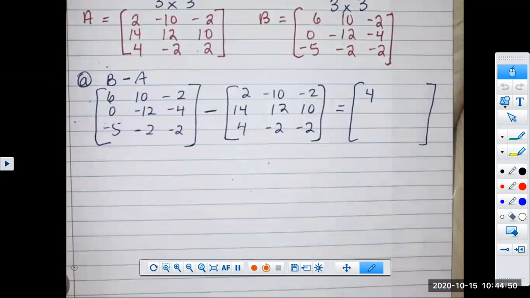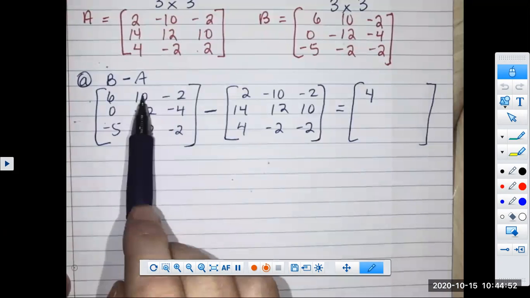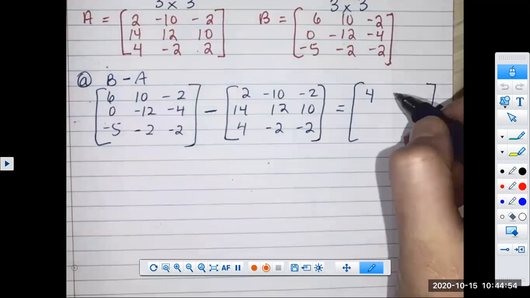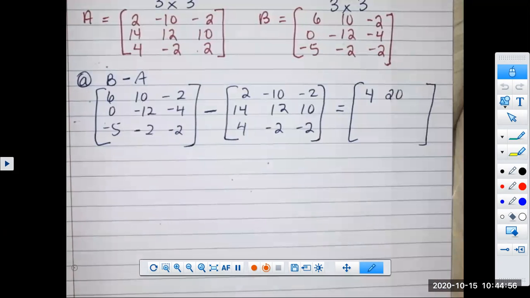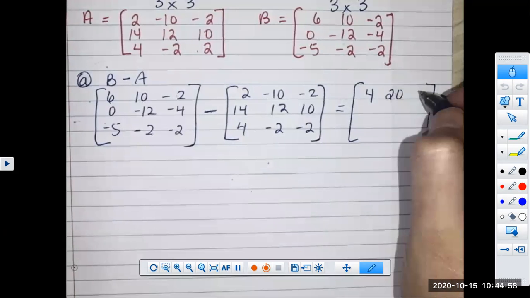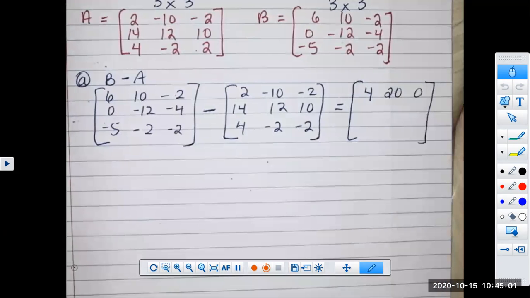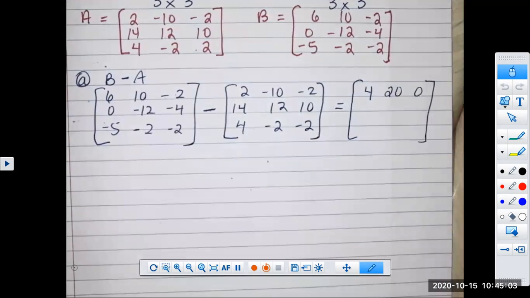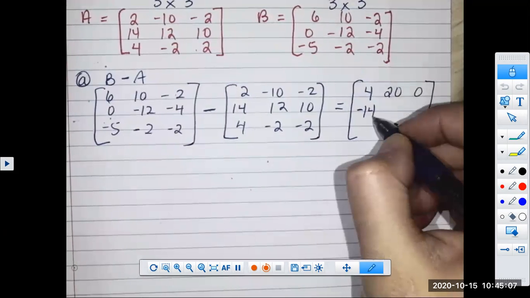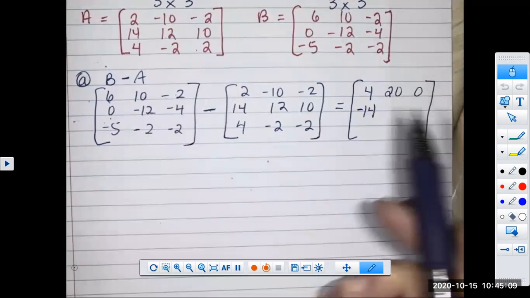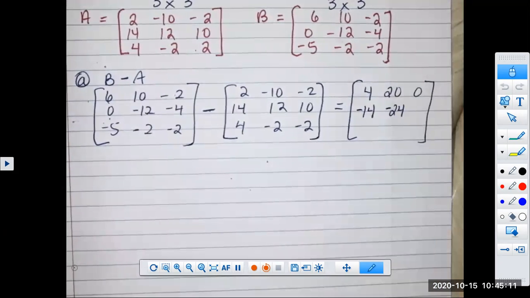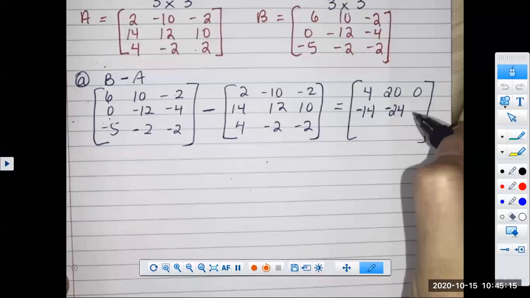And then you've got 10 minus negative 10, which turns into what? 20. And negative 2 minus negative 2 turns into 0. And then 0 minus 14, negative 14, negative 12 minus 12 is negative 24. You get negative 14.